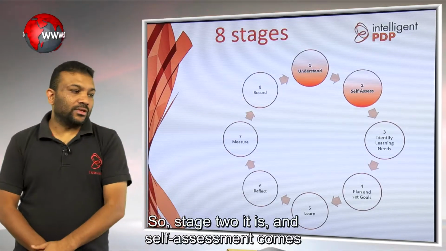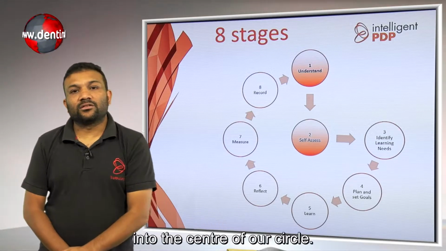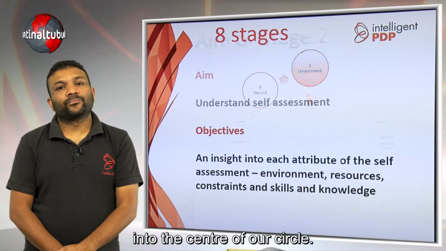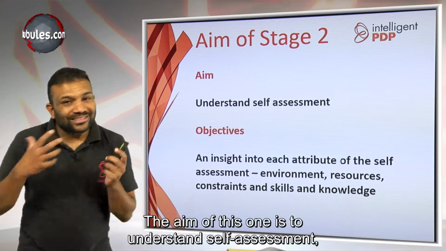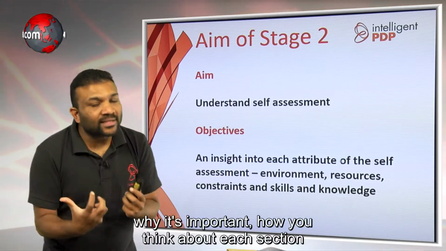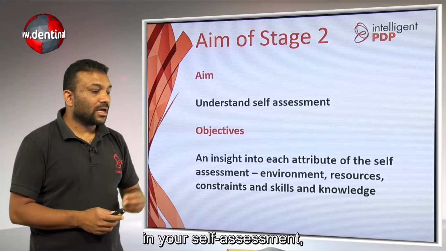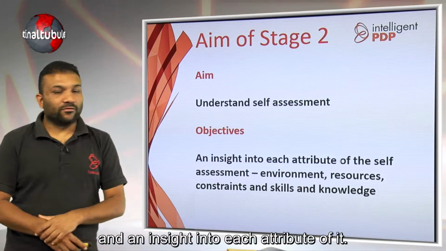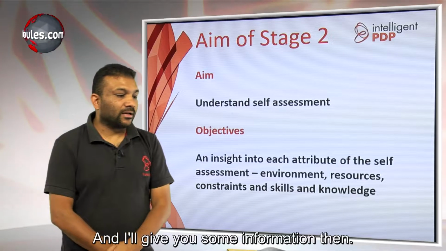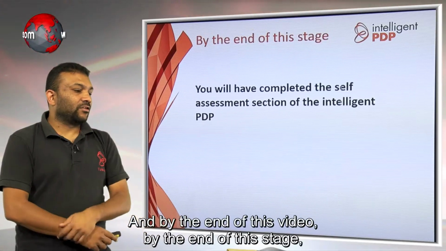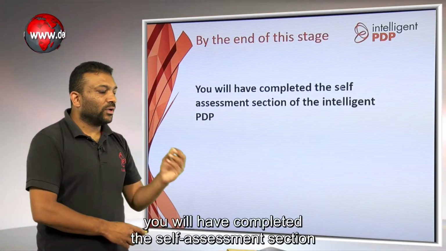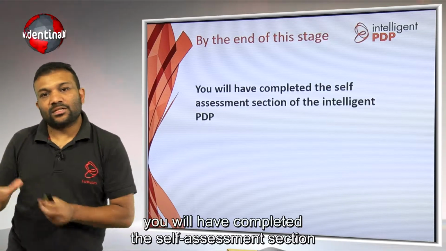So stage 2 it is, and self-assessment comes into the center of our circle. The aim of this one is to understand self-assessment, why it's important, how you think about each section in your self-assessment, and an insight into each attribute of it. And by the end of this stage, you will have completed the self-assessment section on your Intelligent PDP.